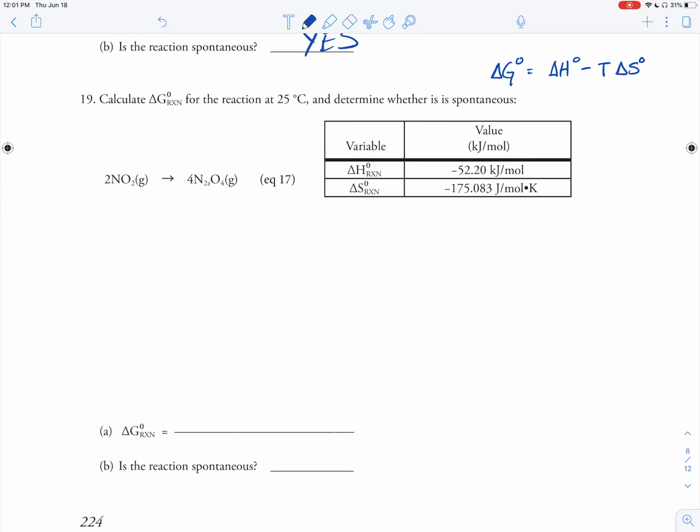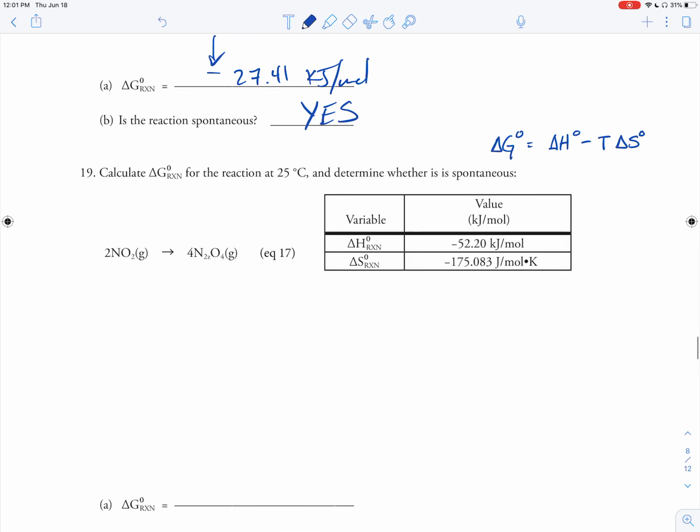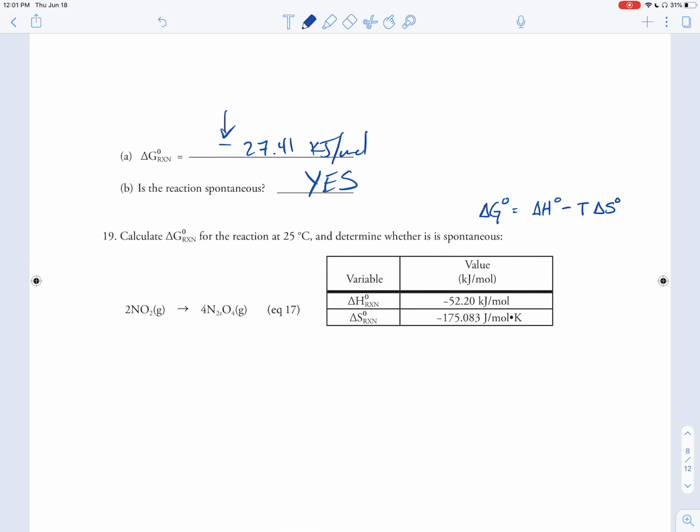Okay. There is another way to figure out the delta G if you don't know the delta G values for each substance. If you happen to know the enthalpy and entropy, then you can figure out the delta G for that reaction as well, if you know the temperature. You can just use this formula right here.